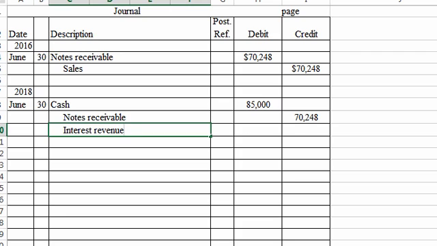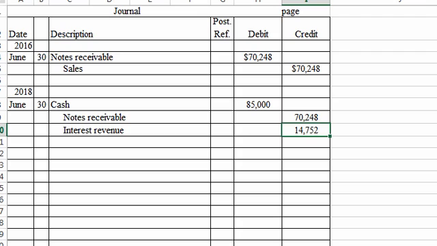Some people would call it interest income. Either one could be used for the difference here. So it's going to be equal to 85,000 minus the 70,248. $14,752 is the actual interest on this transaction.